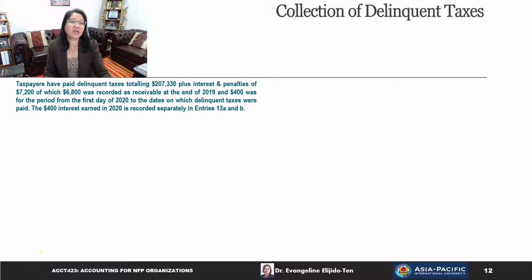When taxpayers have paid delinquent taxes, what would be our journal entry? Suppose that the total payment of delinquent taxes is $207,330 plus interest and penalties of $7,200.